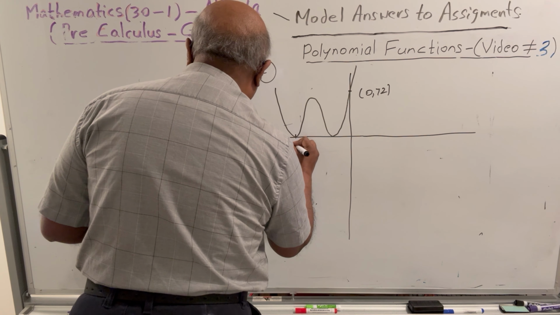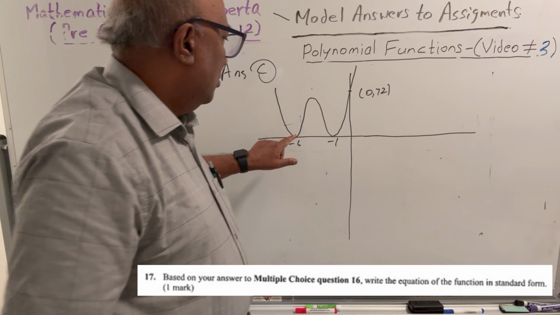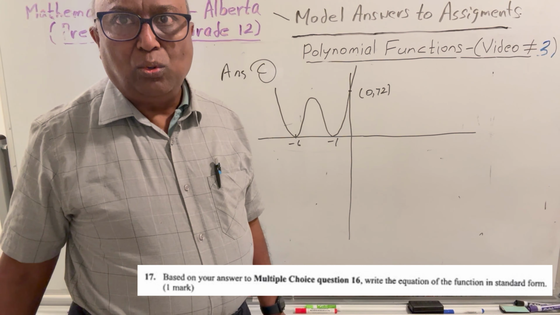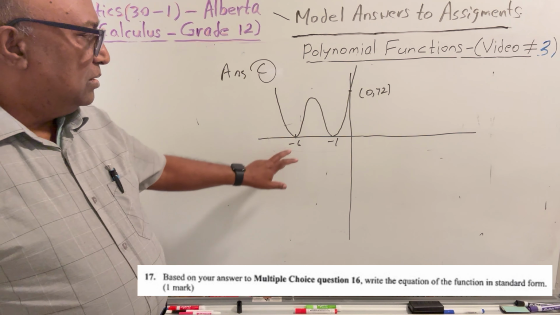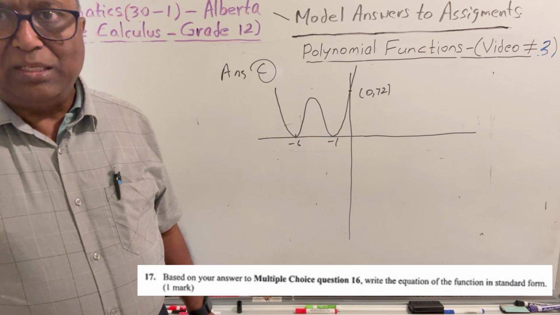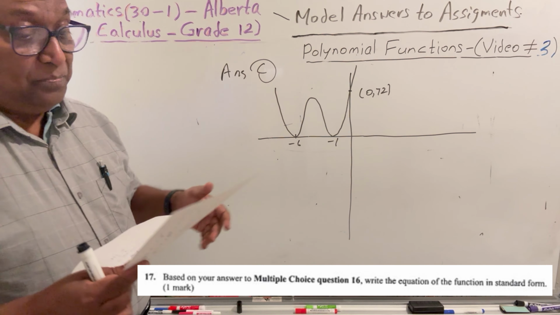These are the x-intercepts, -6 and -1. Both of these points have multiplicity of 2. That means this graph has -6 and -1 with multiplicity of 2. This is the right answer once again.